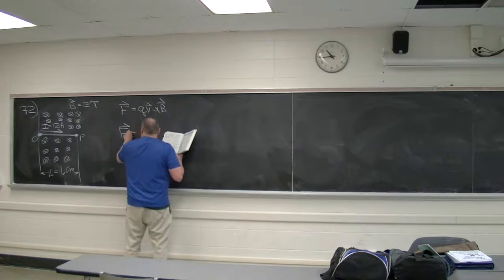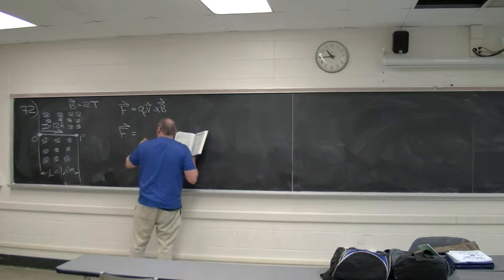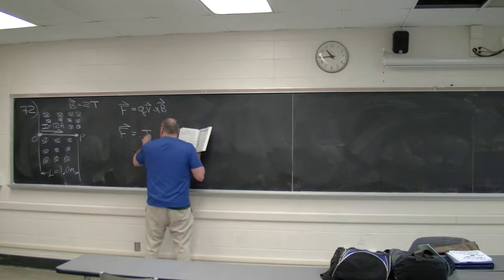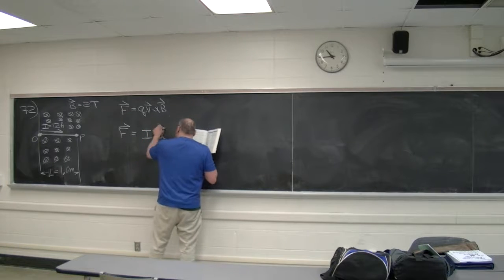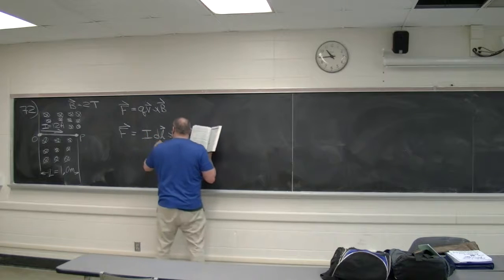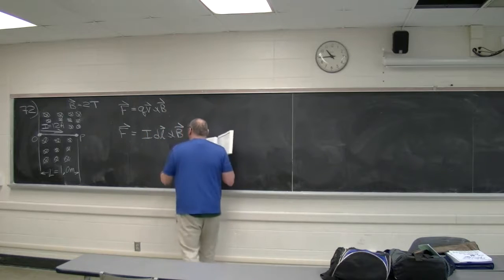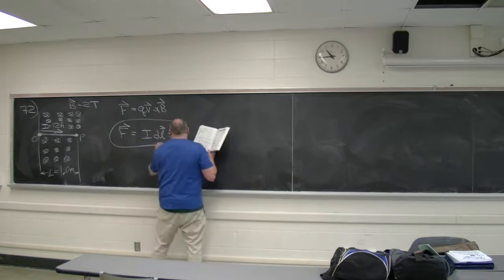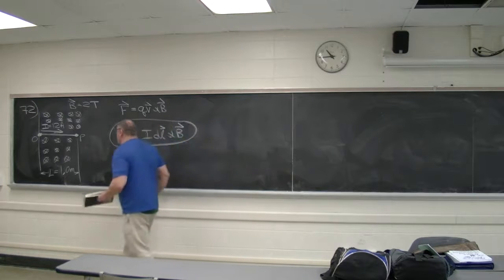One of the things you can do with it is Q V vector can be I dL vector cross V. You can make the Q V vector I dL vector. And this ain't bad, because I got a couple ideas here.